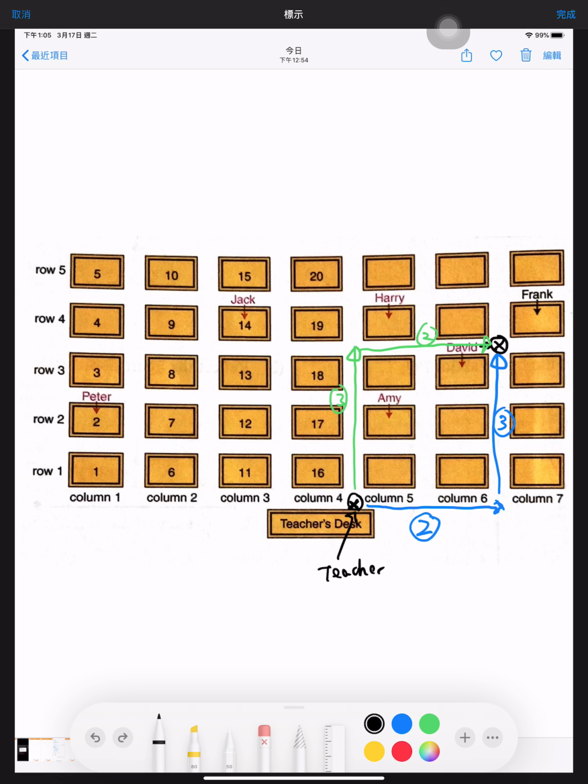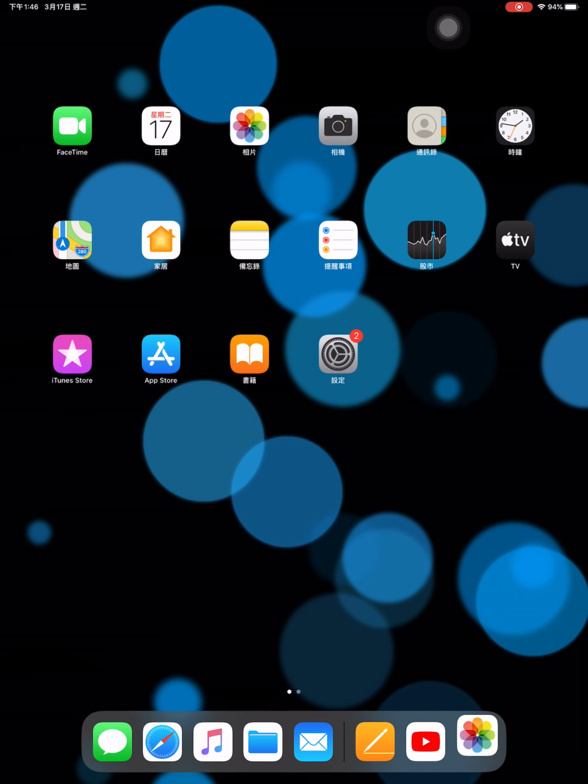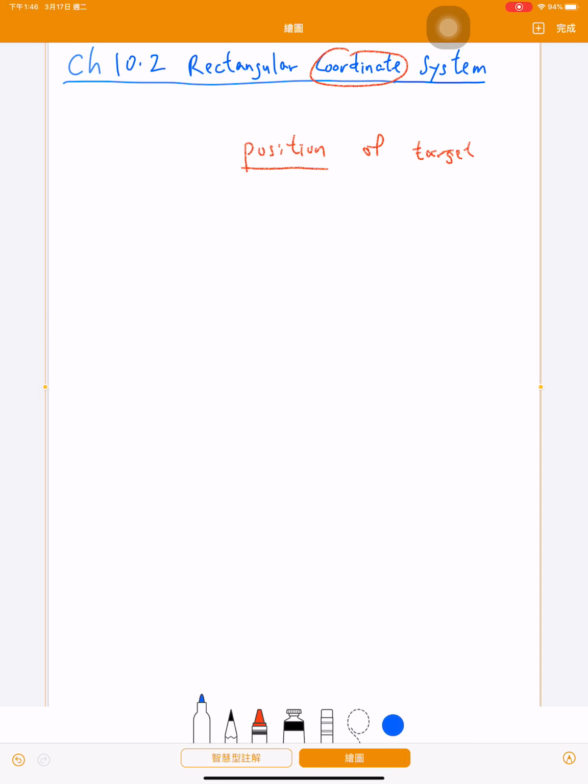I will tell you why. And you can see the route of the teacher has 2 ways. First of all, the horizontal one. This one is a horizontal line. This one is a vertical line.